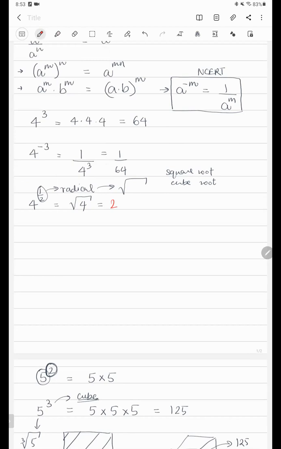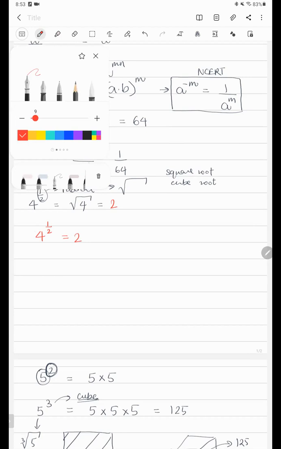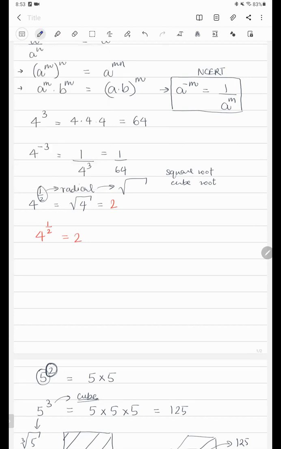Do you see over here what's happening is that I said 4 to the power 1 by 2 is equal to 2. Then if I write, we know that 4 is equal to 2 squared, isn't it?